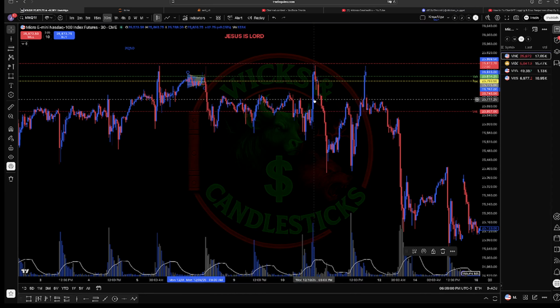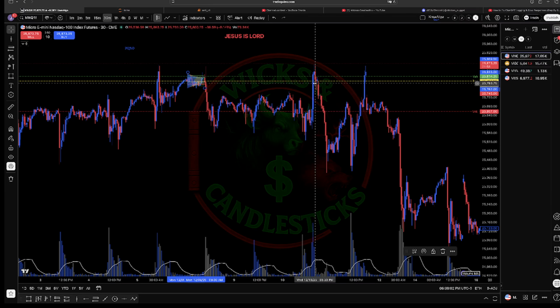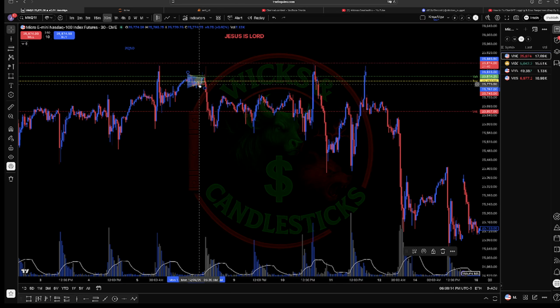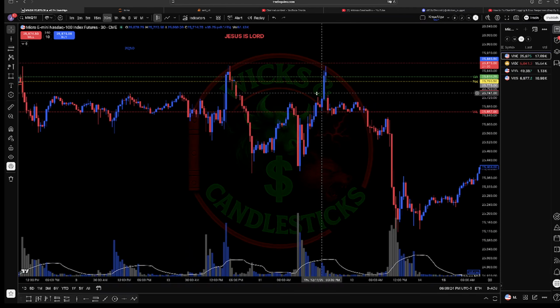But I did see how price came up here, how price came up here to this POC here, and in the evening session, I seen that it still wanted to do business over here.